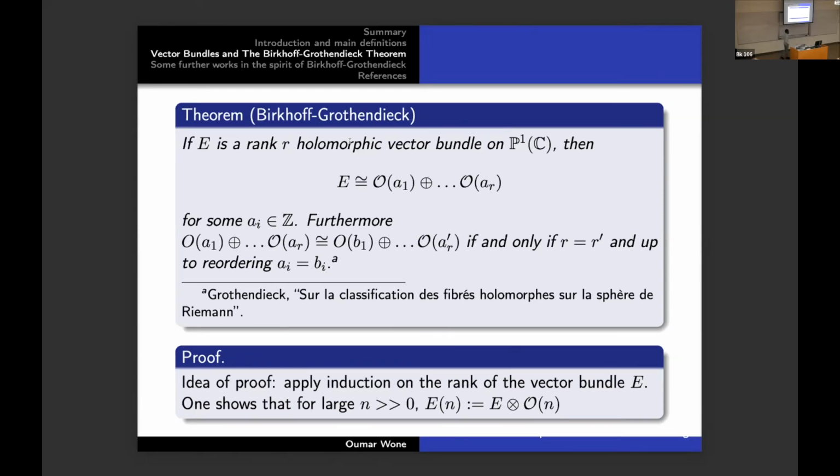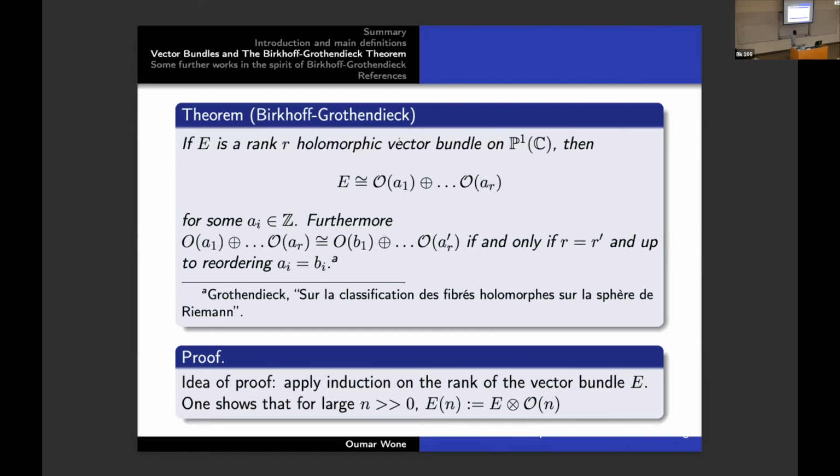We take a rank r holomorphic vector bundle on P1(C). Then one can show that E is isomorphic to the direct sum of O(a1) plus ... plus O(ar).